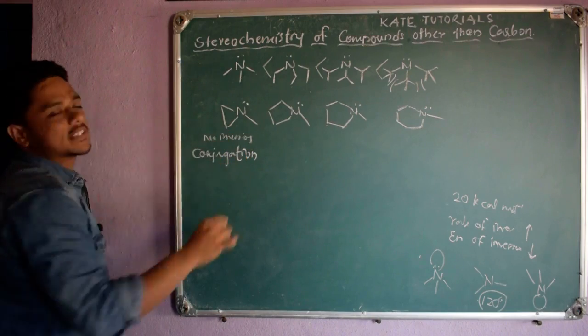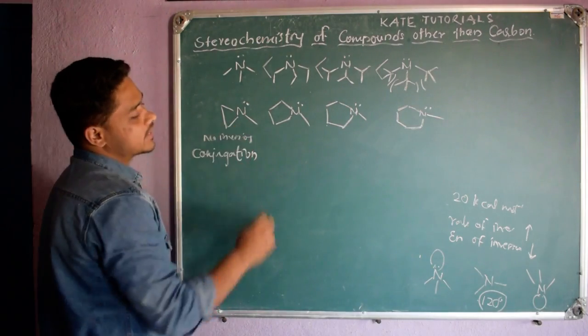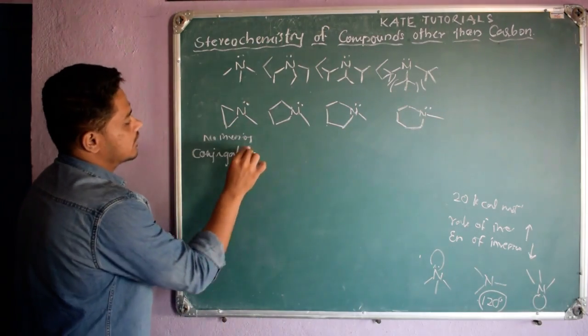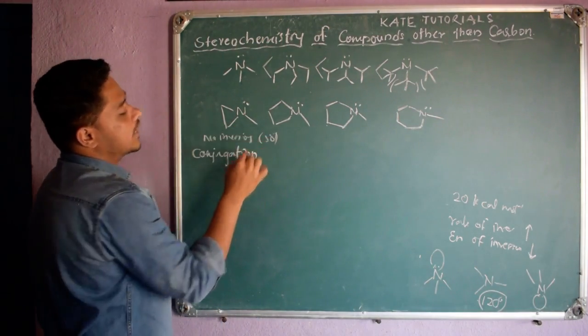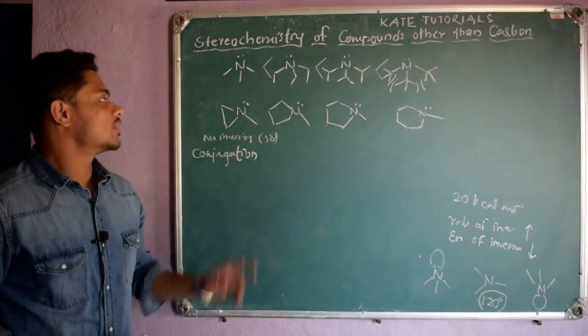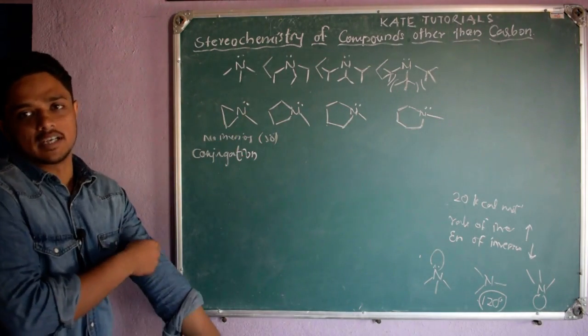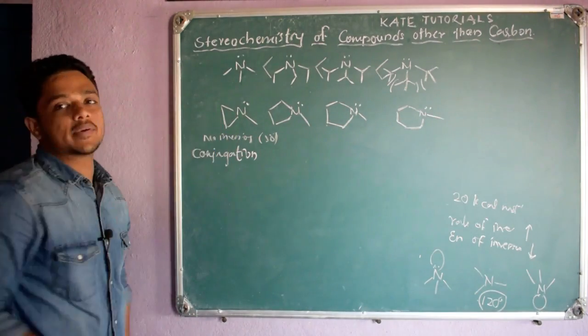If I increase the temperature, inversion does happen, but I should increase it beyond the barrier. If the energy is 50 kilocalorie per mole, I should supply more than 50, and only then inversion happens. So these compounds can easily be isolated, because there is no pyramidal inversion.